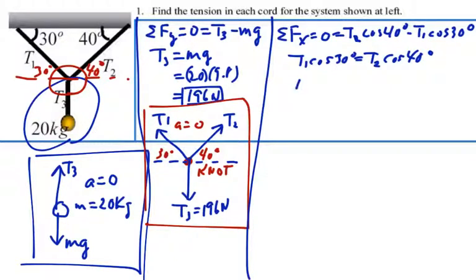In other words, T1 is going to equal cosine 40 divided by cosine 30 times tension 2. What is that? 0.885 tension 2.